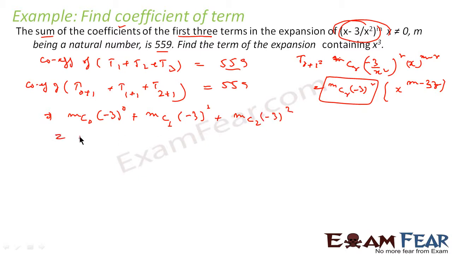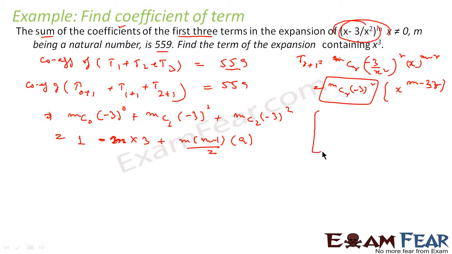mC0 is equal to 1, and (minus 3) to the power 0 is also 1. mC1 is m, and (minus 3) to the power 1 is minus 3, so this is m into 3 with a minus sign. Plus mC2, which is nothing but m into (m minus 1) by 2, times 9.